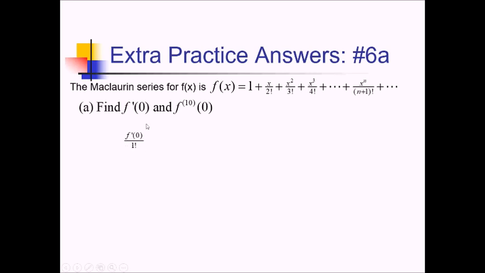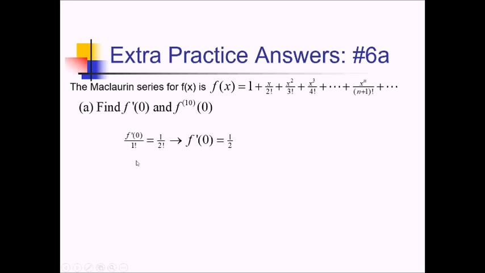That's just the general linear coefficient. Now, in this particular Maclaurin series, we have 1 over 2 factorial as the coefficient of x. So just multiplying both sides by 1 factorial, that means that f prime of 0 must just be 1/2.